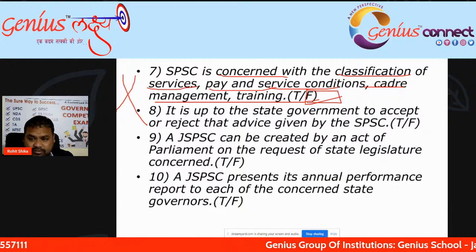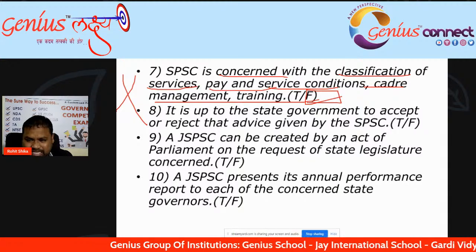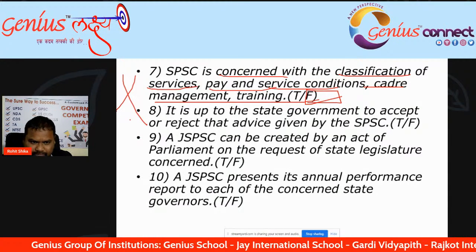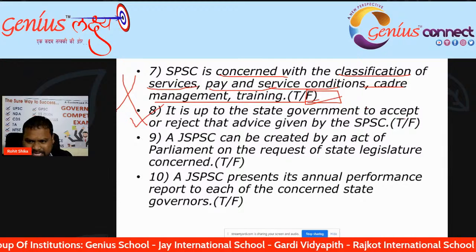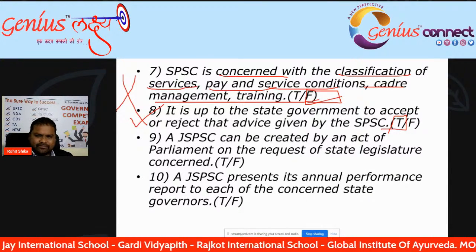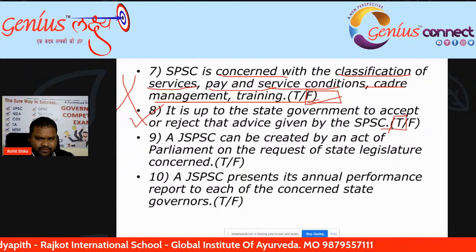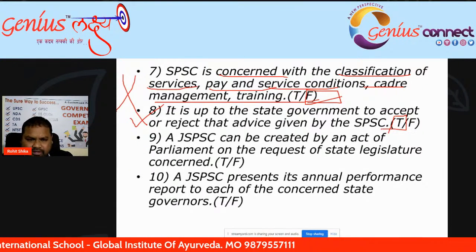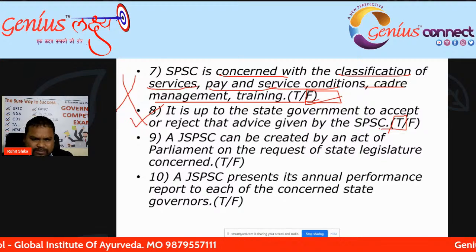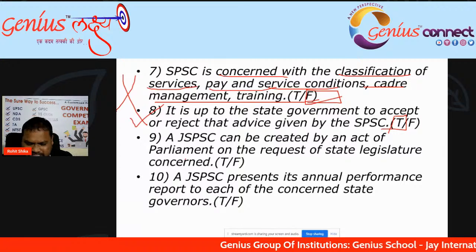It is up to the state government to accept or reject the advice given by the SPSC. True. Government may accept it. Government may reject the advice given by the State Public Service Commission. So this is a true statement. The Joint State Public Service Commission can be created by an act of Parliament on the request of the state legislatures concerned.